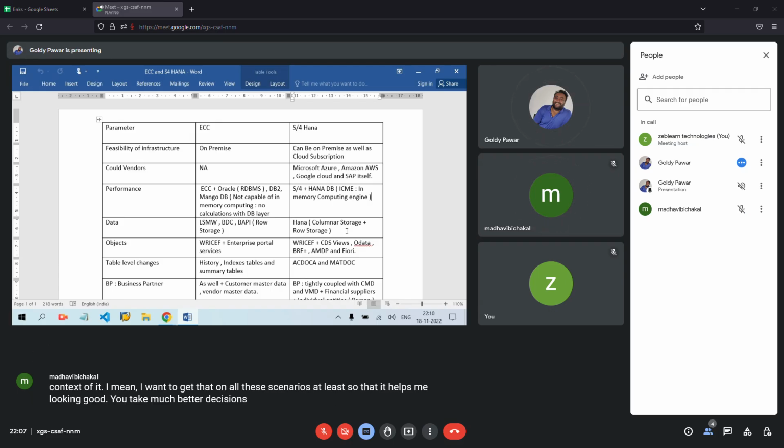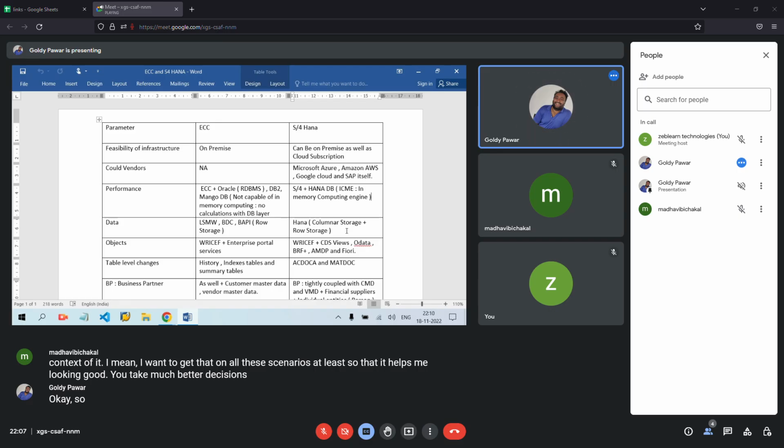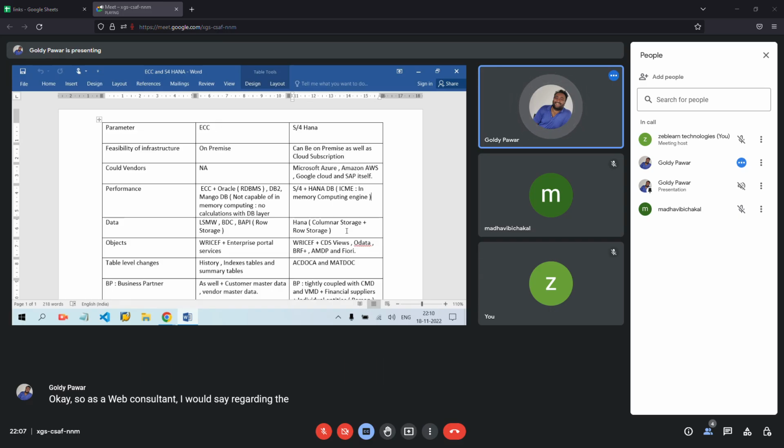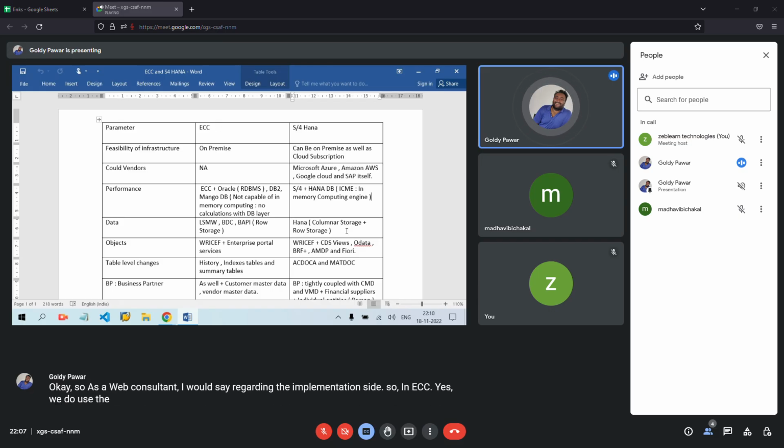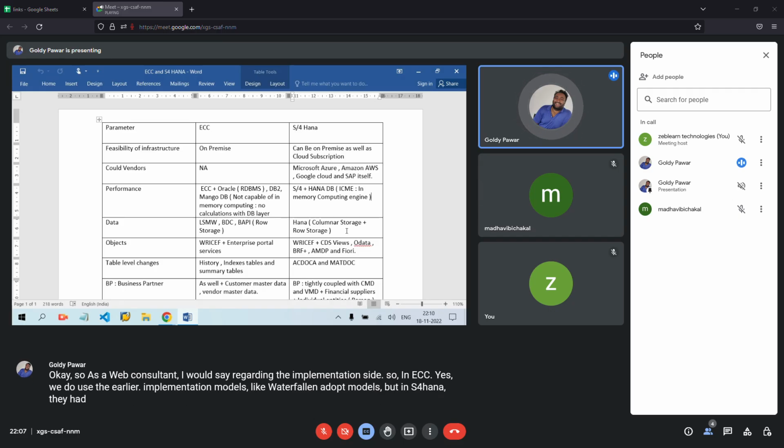Okay. So as an ABAP consultant, regarding the implementation side, in ECC we use the earlier implementation models like waterfall and ad hoc models. But in S4 HANA, they came up with two new models, the agile methodology and the activate methodology.